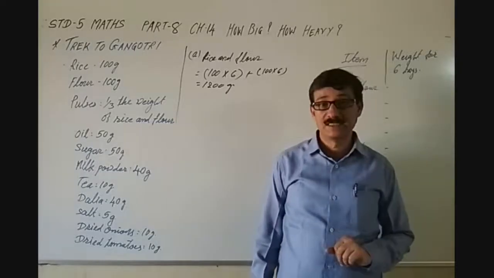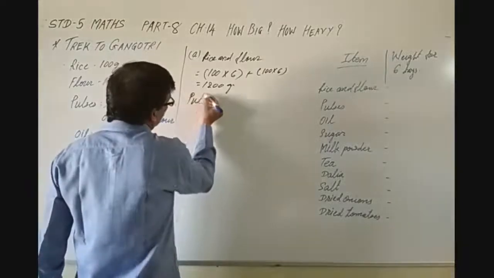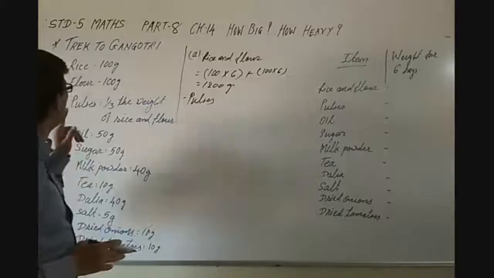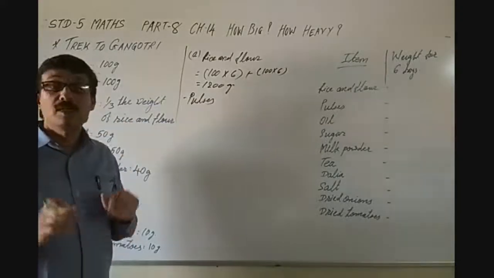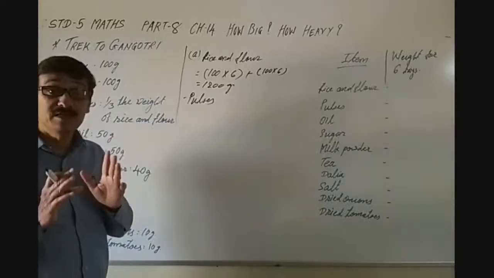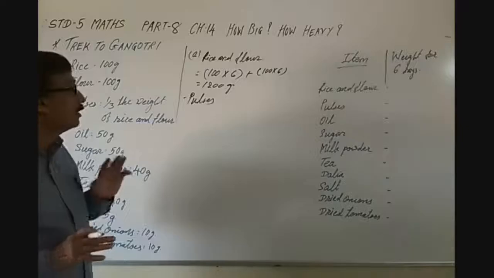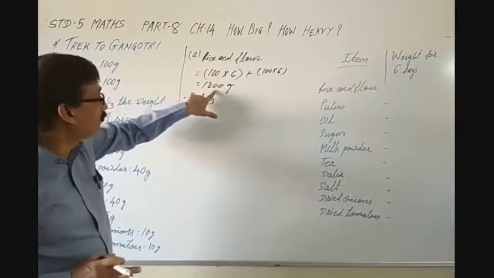Now pulses, that is dal. Pulses is required 1/3 the weight of rice and flour. Now for 6 days, rice and flour required is 1200 gram.